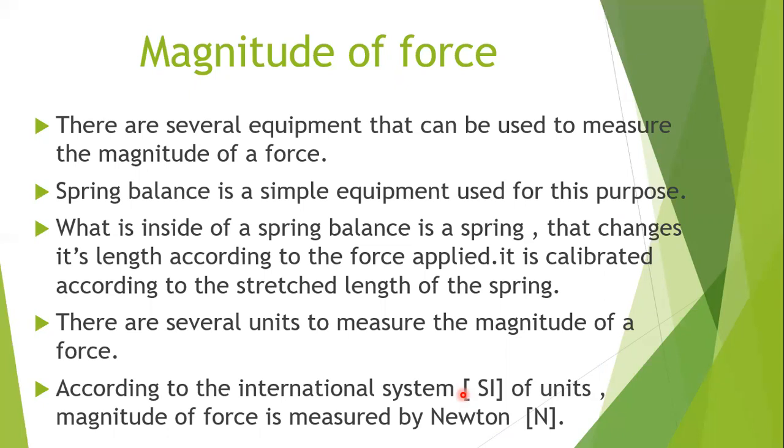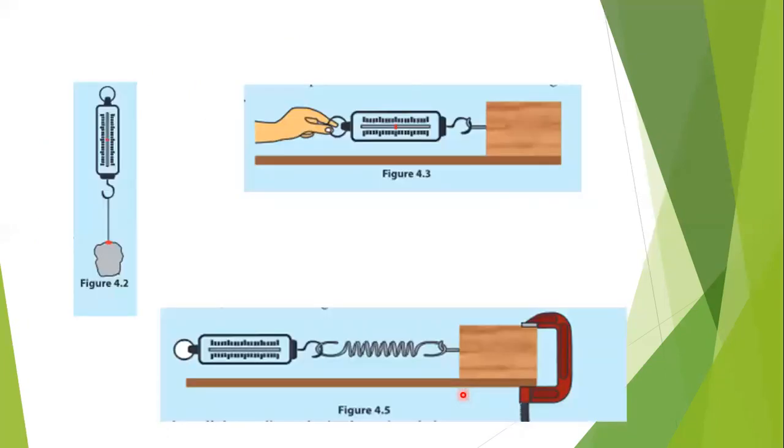It is calibrated according to the strength and length of the spring. There are several units to measure the magnitude of force. According to the International System of Units, magnitude of force is measured in Newton. Newton is indicated by capital N. Here you can see some pictures of spring balance.